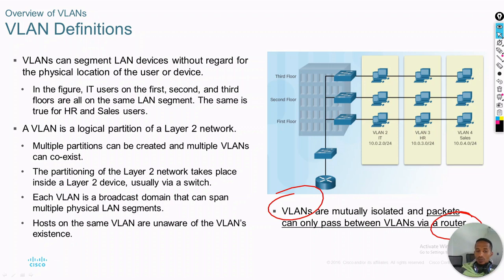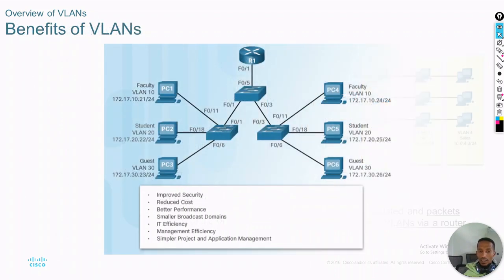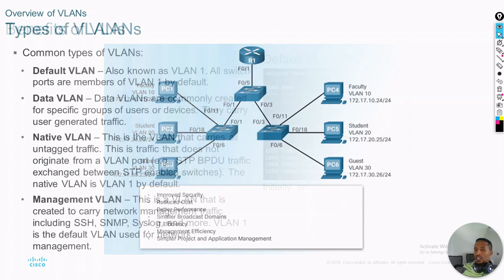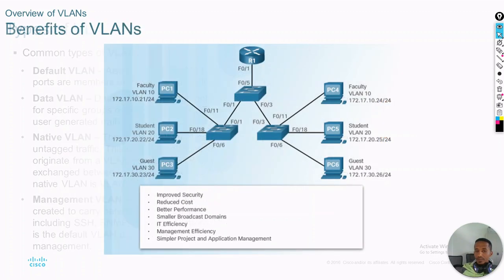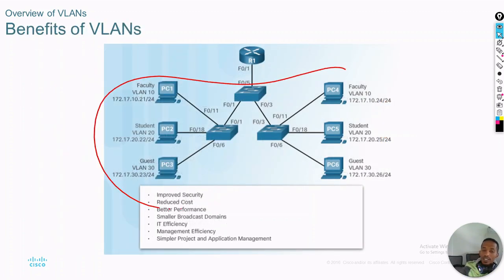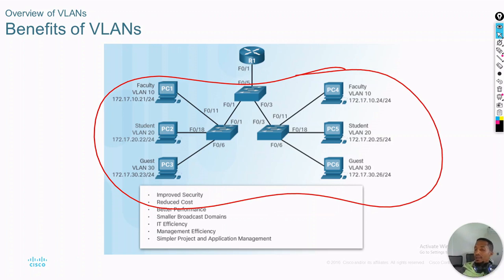That's the router. So the router is the device that's going to connect them. You can see here, just by looking at the IP and the physical configuration, it looks like we are in the same LAN, one physical LAN, but they are separated using VLAN.